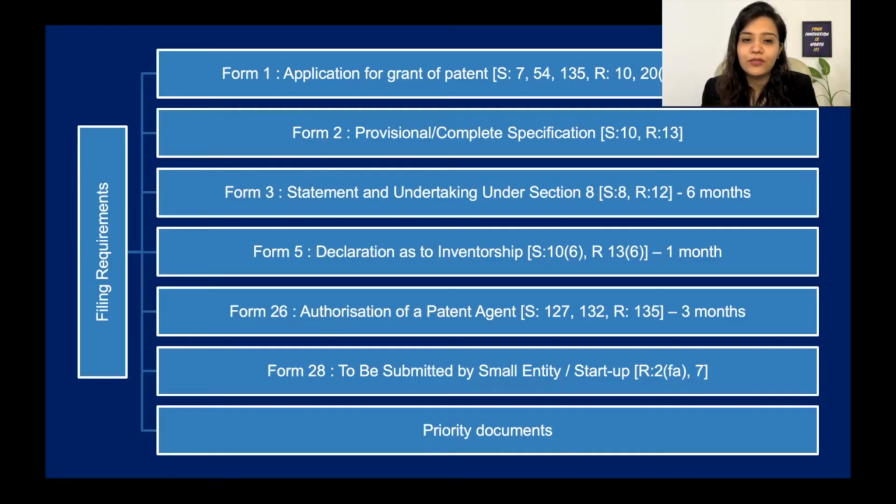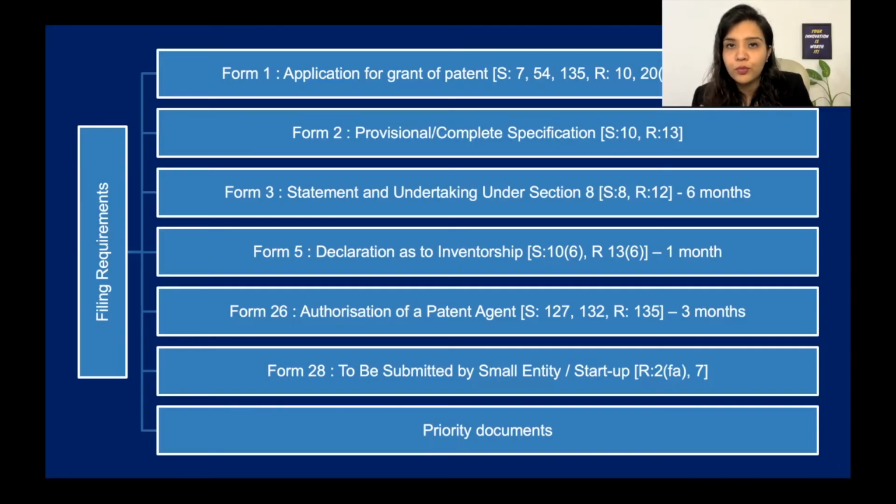And generally people would say form 5 is proof of right, or they'll try to answer what is proof of right, because proof of right is not mentioned in forms anywhere. But we need to understand what is proof of right to answer which form we have to give as proof of right. So always remember form 1 is proof of right, and it is application for grant of patent.